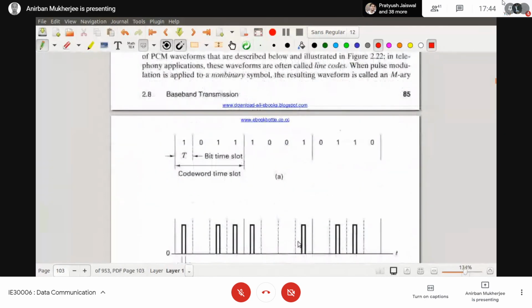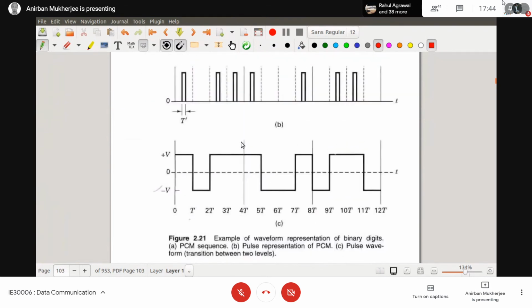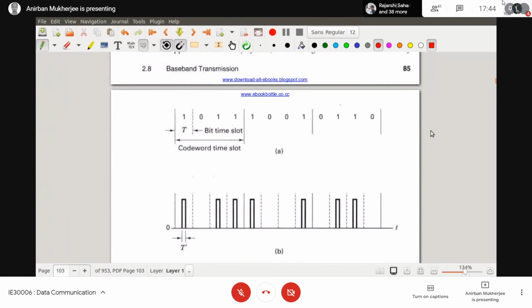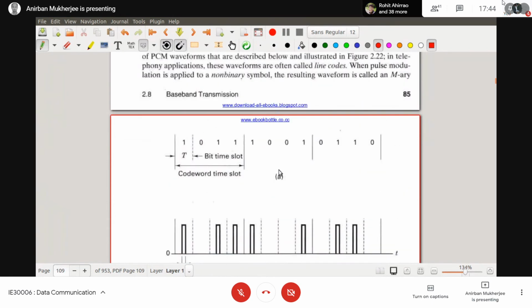Now that sequence, if you can remember, is the same sequence 1 0 1 1. This is my PCM sequence. Please try to understand, this is very important. This is the PCM sequence, and I have some sort of a pulse representation.